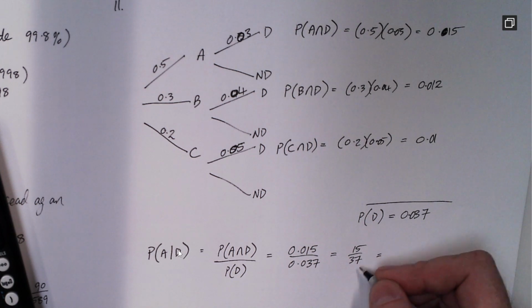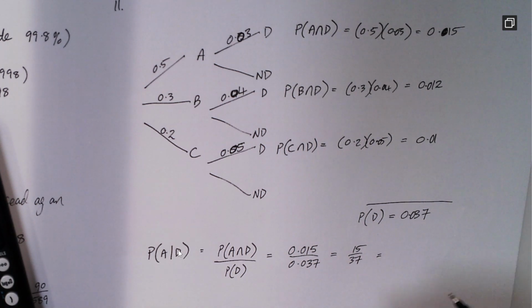Now the question says give your answer correct to two decimal places in the road. Just take the figure cut down, because that's the most accurate result you got. So there's a 15 in 37 chance of it coming from machine A.